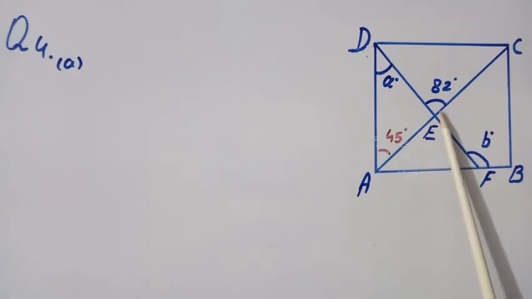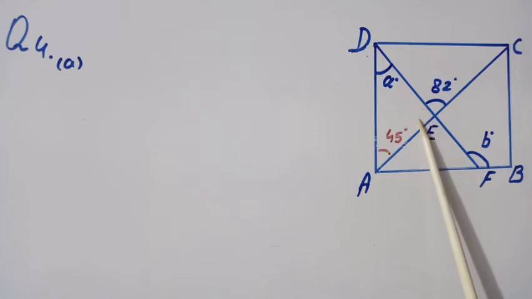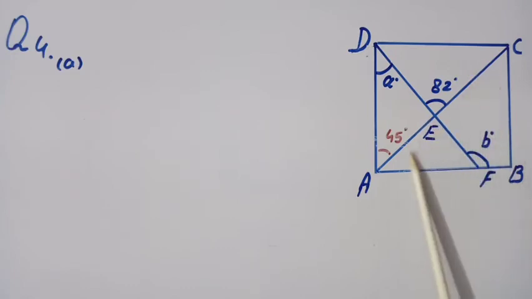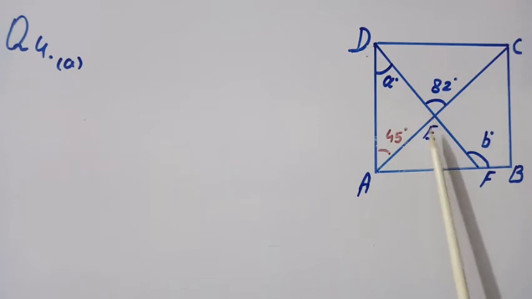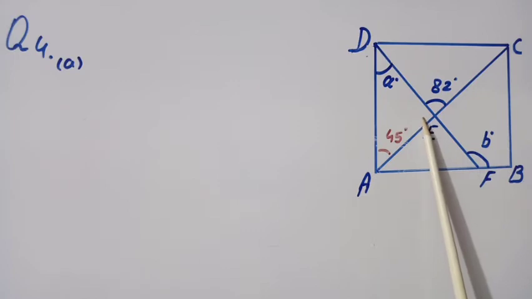Now the other angle. Don't you think this angle 82 and this angle at the point E, these two angles are supplementary to one another because they sum up to a straight line. So angle DEA would be supplementary to 82. So 180 minus 82 would be this angle, right?